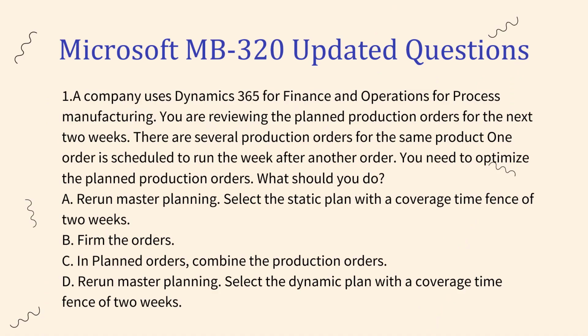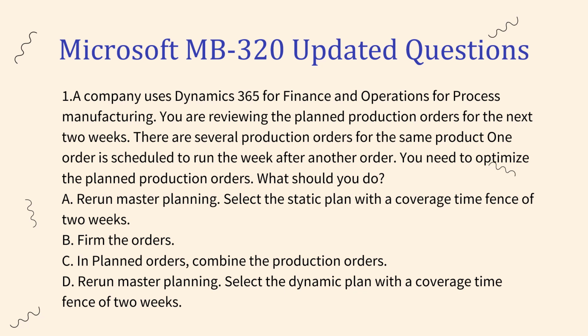1. A company uses Dynamics 365 for finance and operations for process manufacturing. You are reviewing the planned production orders for the next 2 weeks. There are several production orders for the same product. One order is scheduled to run the week after another order. You need to optimize the planned production orders.